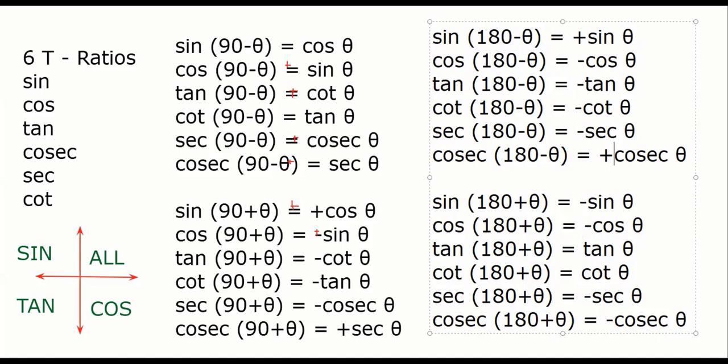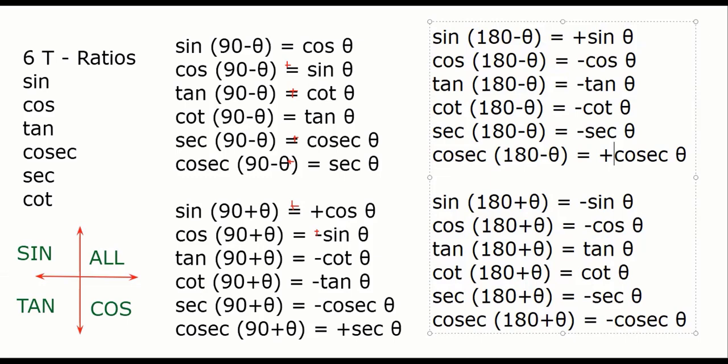So how will this be useful in solving problems? But first, ask me your doubts. I'll repeat once, and then you can ask. There are two things. First, whether sine will become cos or remain sine. The rule is, if it is 90 plus theta or 90 minus theta, it always changes.